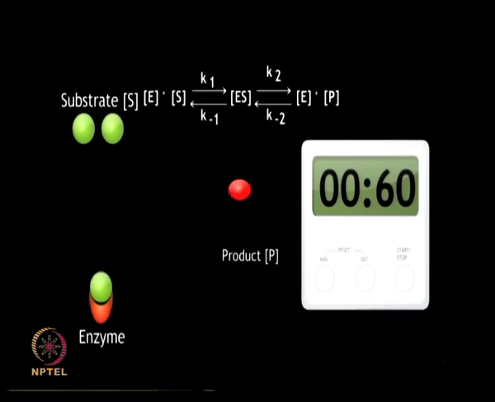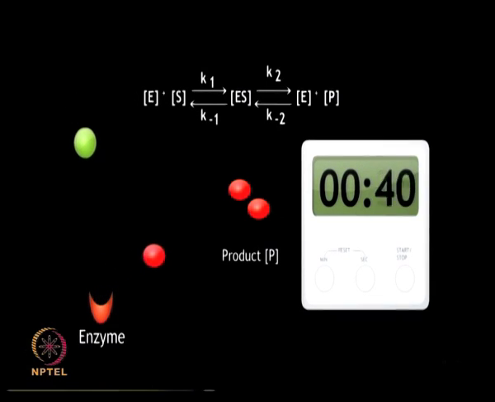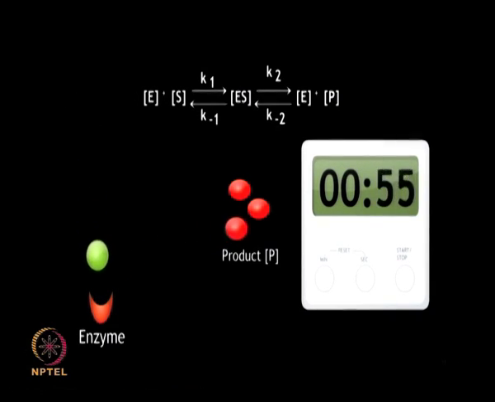The number of moles of product formed per second during these stages determines the reaction velocity for that particular enzyme. V0 has an almost linear relation with substrate concentration when the substrate concentration is low, and it becomes independent at higher concentrations.